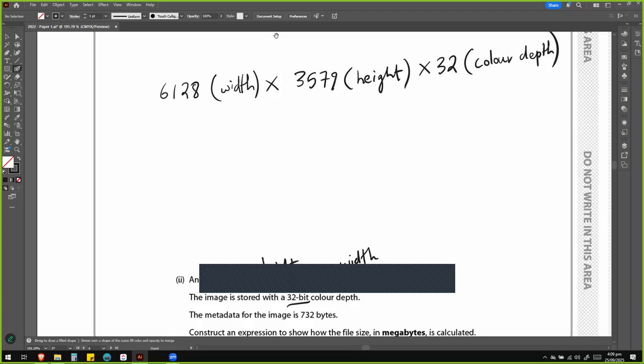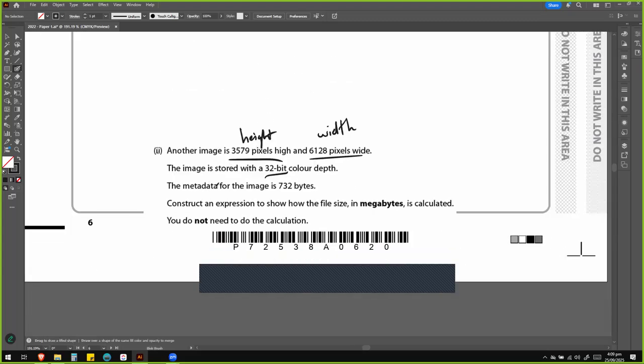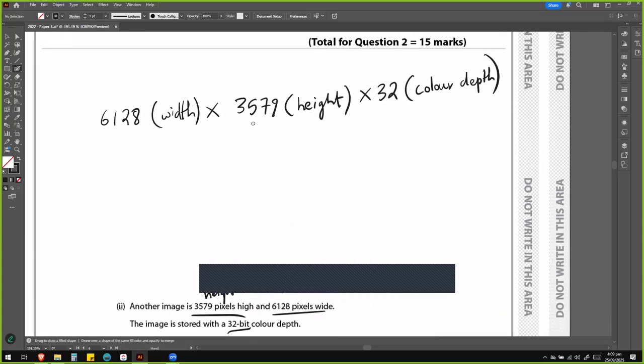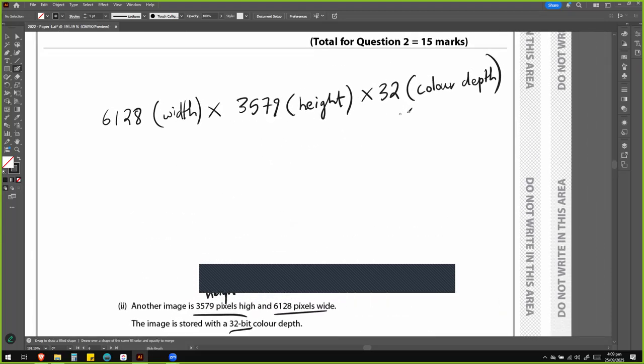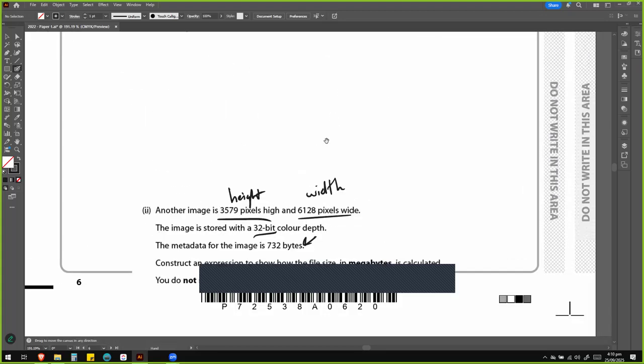All right, next. What do we need to do next? The metadata for the image is 732 bytes. Now, if we multiply all of these values together, we would get an answer in bits. I'll come back to the 732 bytes in just a second.